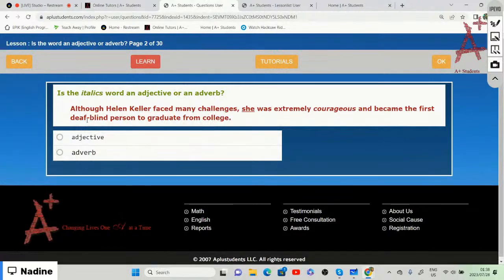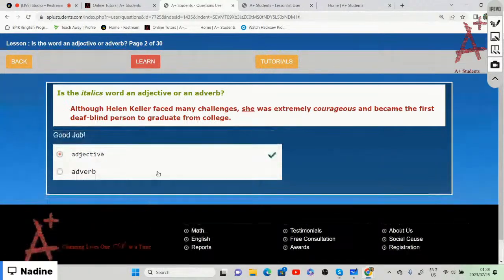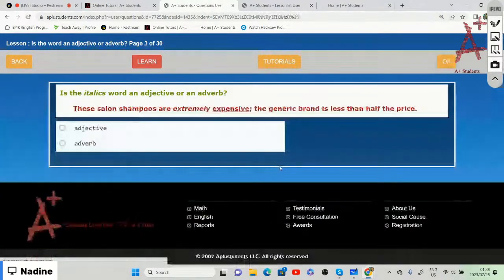So if it describes the pronoun, then we can say it is an adjective, right? Because courageous describes a noun or a pronoun.